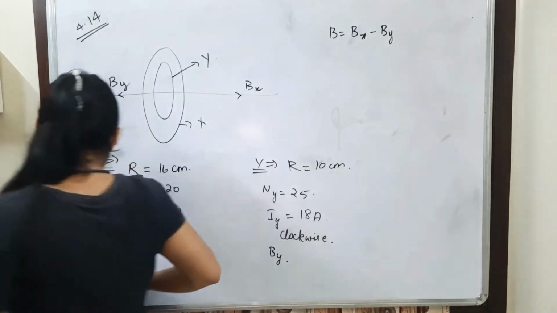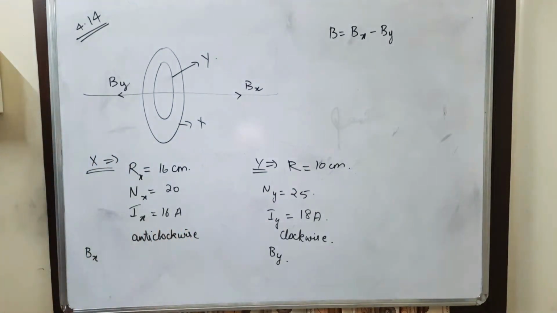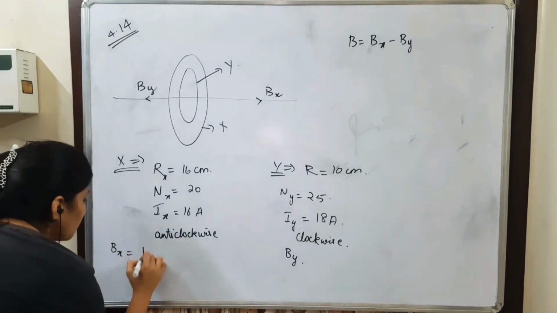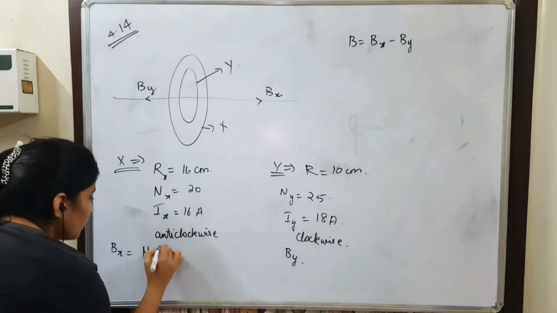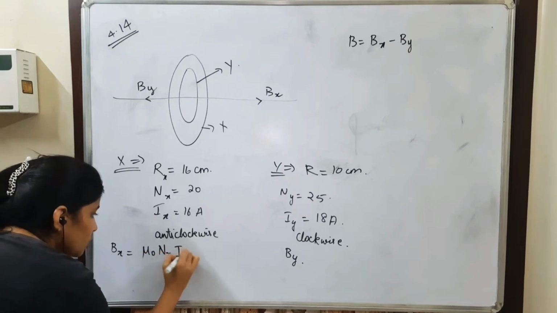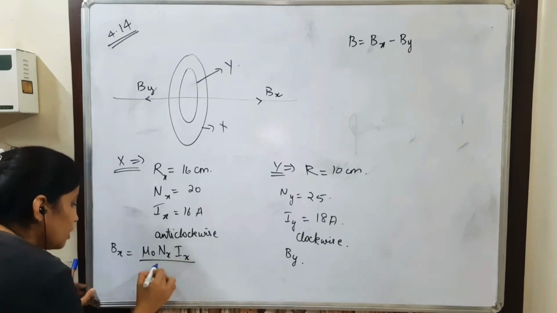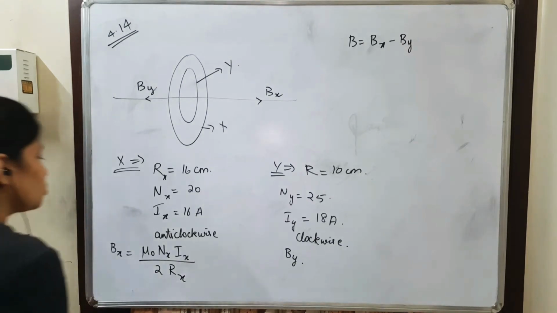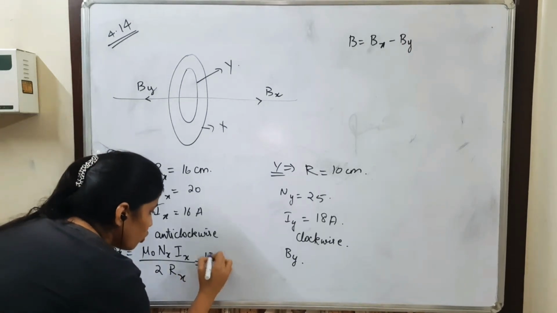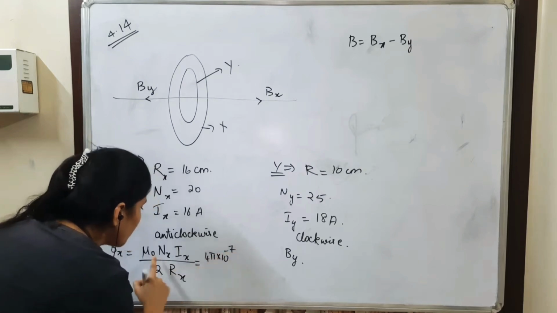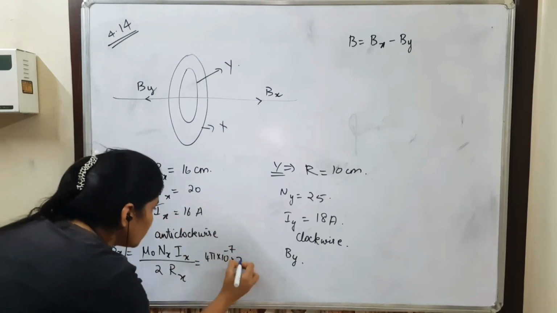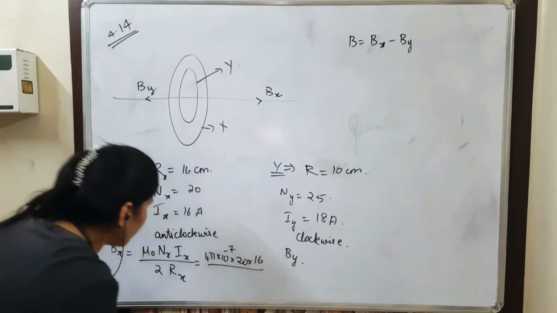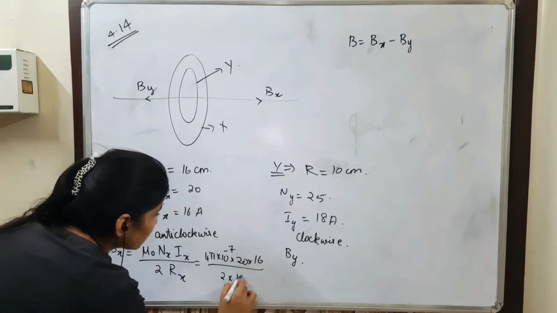Now what is B? Bx is equal to mu naught into Nx into Ix divided by 2 times Rx, that is the radius. If we substitute the values, we get 4 pi into 10 power minus 7 into the number of turns in X, which is 20, into the current passing through it, 16, divided by 2 into 16 centimeters.